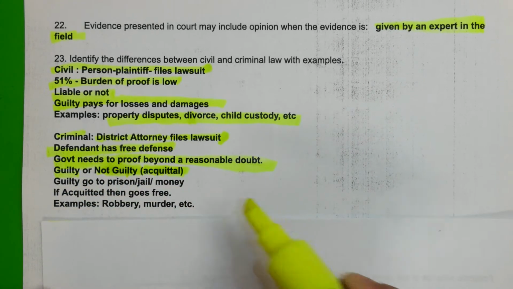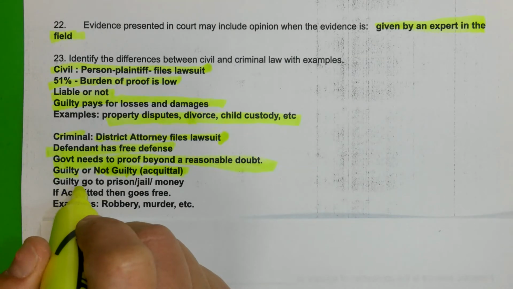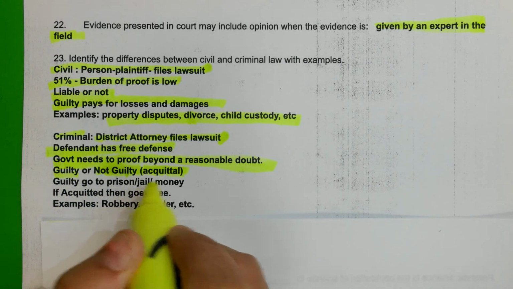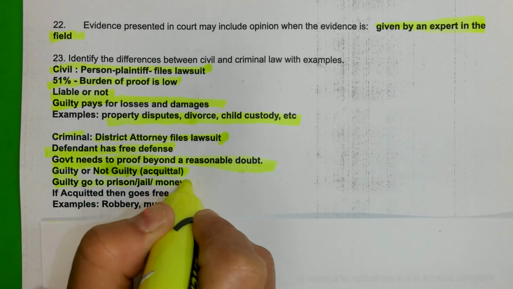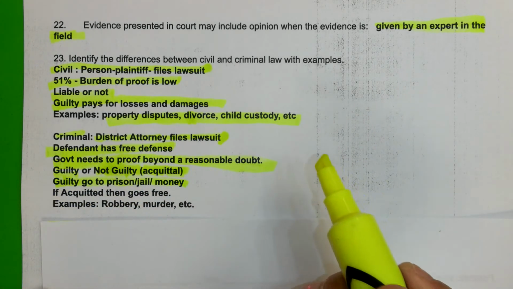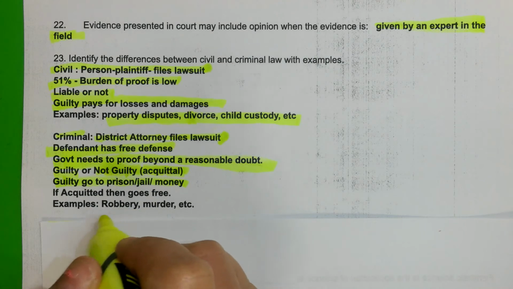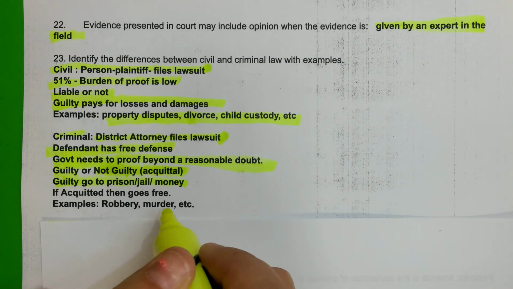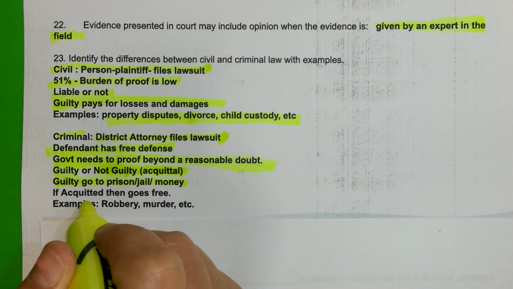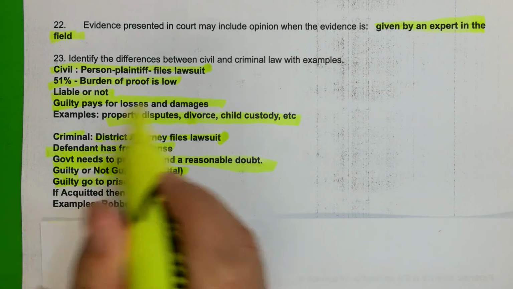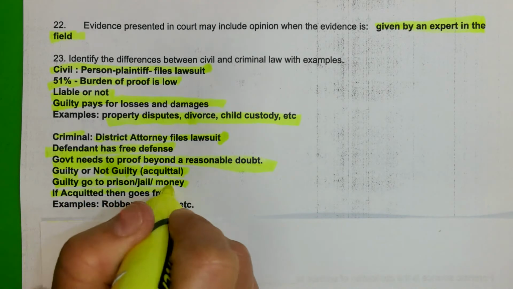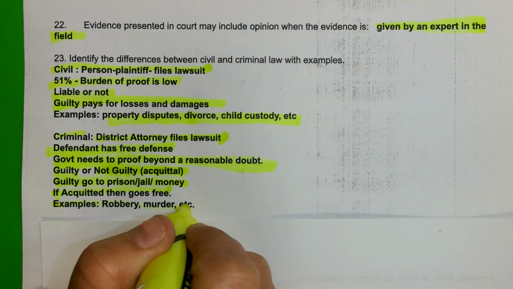So that's very important. Guilty, of course, they go to prison, jail, or sometimes they even pay money on top of all this. So it just really depends. If acquittal, then they go free. Examples are robbery, murder. Now on acquittal, sometimes maybe they do file other charges. But as for now, if acquittal, then it goes free.